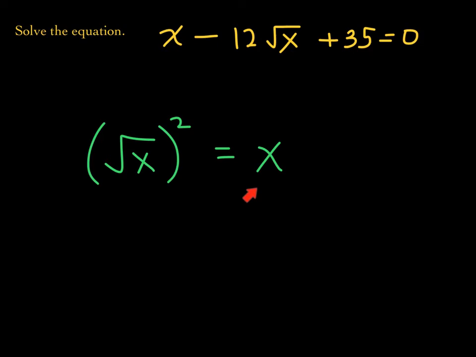And x happens to be the variable part of the leading term. So the variable part of the leading term is the square of the variable part of the middle term, and that's exactly what makes this equation quadratic in form. If you square the square root of x, you get x. If you square this part, you get this part.